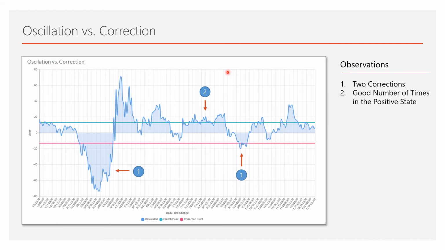On our oscillation versus correction, you can see obviously there was a major correction here. Indicators clearly pointed that out. We did dip a little below the line here, more in that September time frame. So a little nervous, because obviously it could have kept going, but it didn't. It corrected itself. But we did have a pretty good number of times staying in the positive.